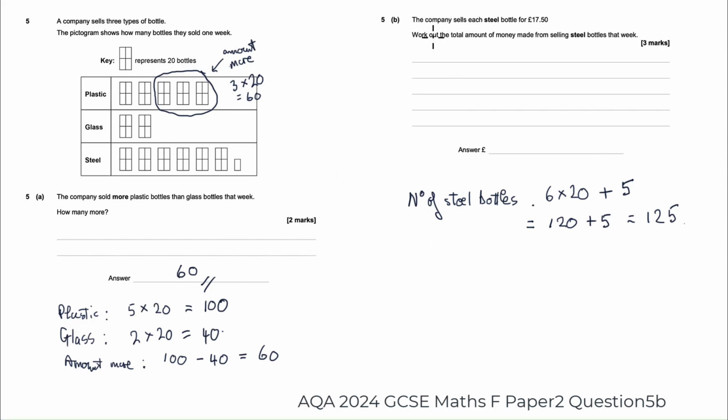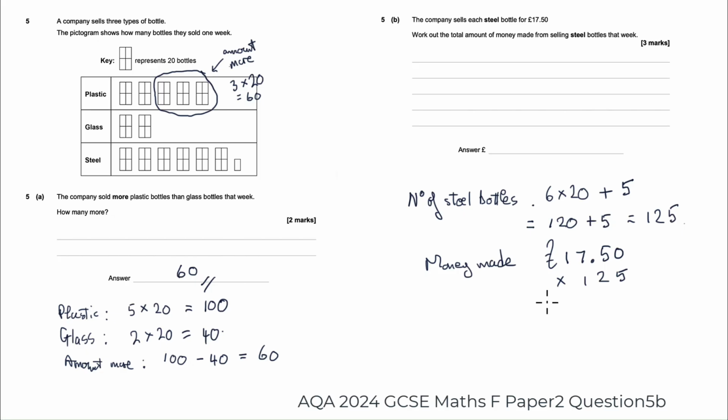So total amount of money made, how would we do that? Each one is sold for £17.50. So it's £17.50 times 125, 125 lots of £17.50.